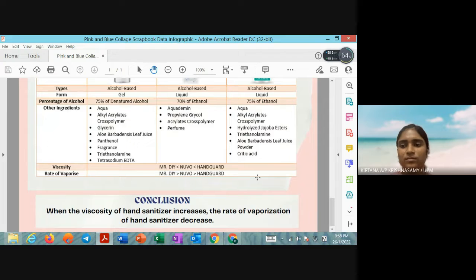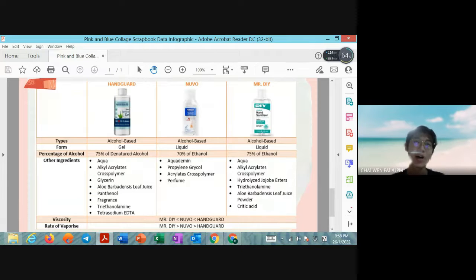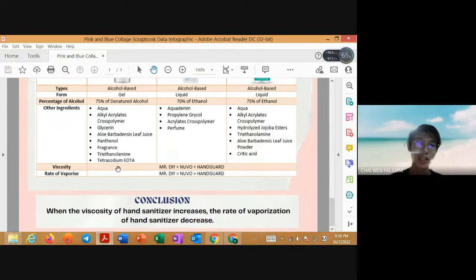Thank you, KRISHNASAMY. Just like KRISHNASAMY said, all three brands obey the requirement of the KKM, which is that the amount of alcohol must be greater than 60% in the hand sanitizer. Based on the results we obtained during the experiment, Mr. DIY has the lowest viscosity while having the largest rate of vaporization.